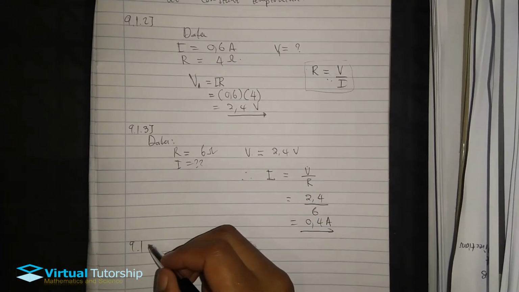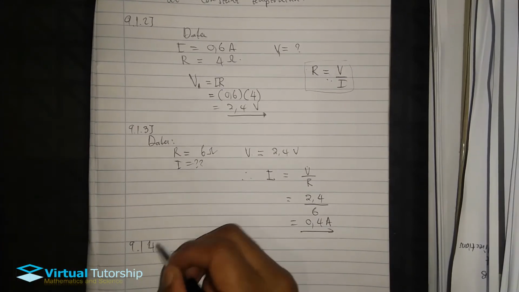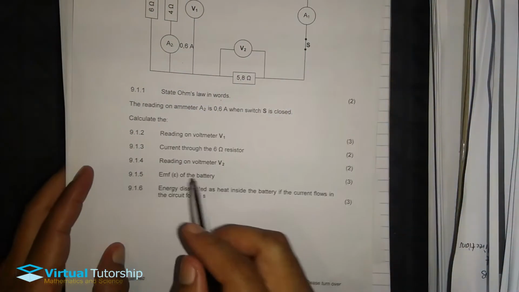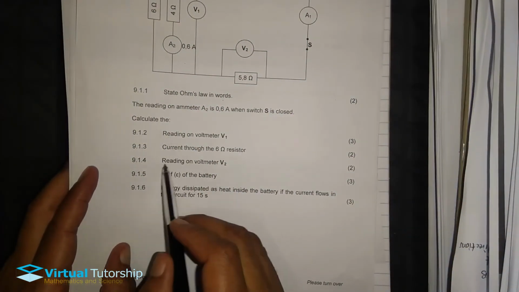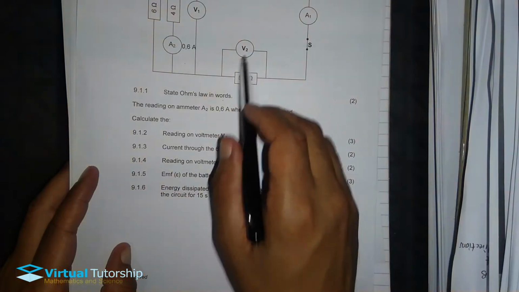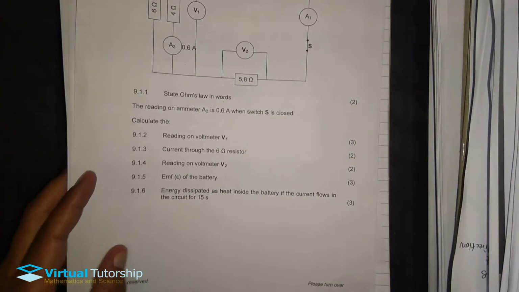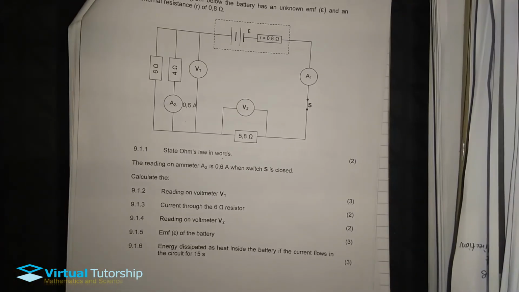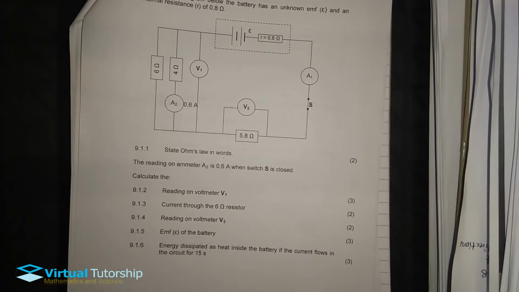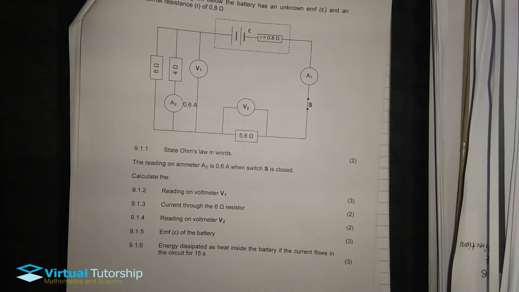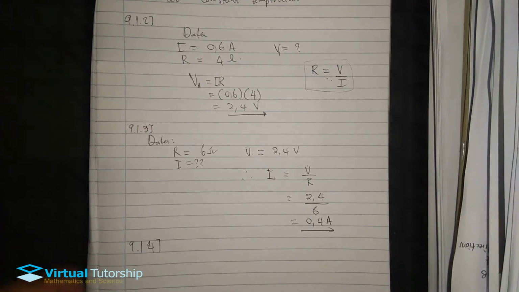So now 9.1.4: calculate the reading on voltmeter 2. Okay, again. Maybe I can do a rough sketch now.